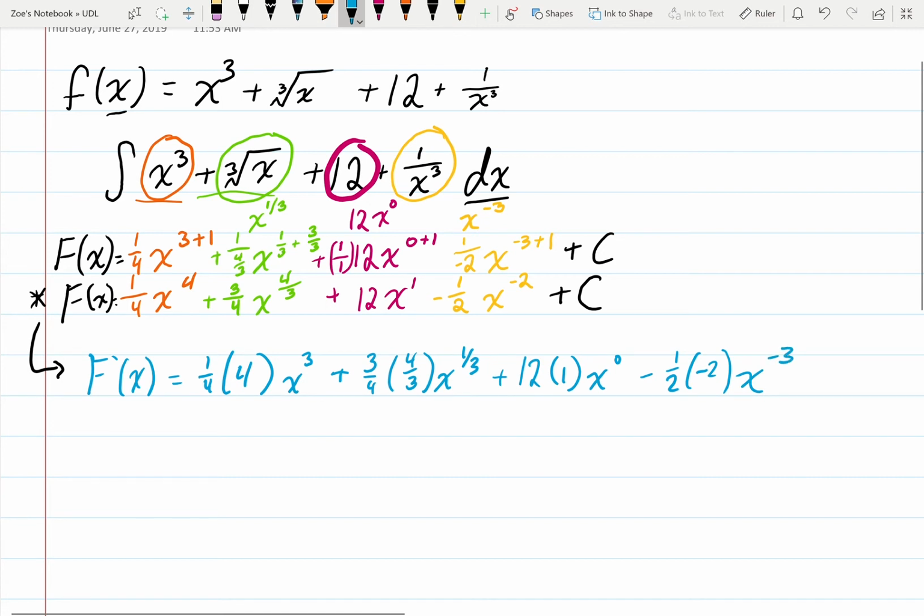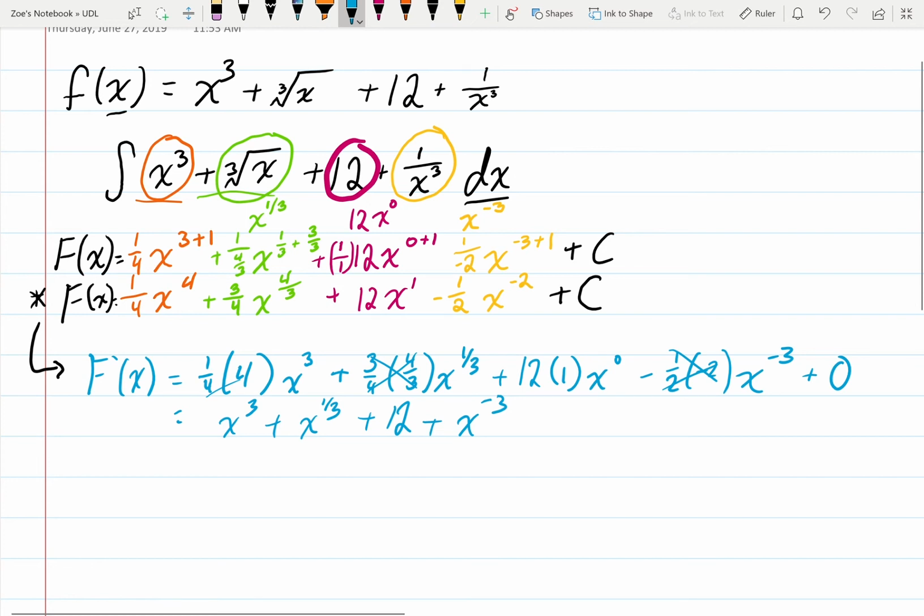And then that plus c would be a plus 0. So simplifying this, we get x cubed plus x to the 1/3 plus 12 plus, these cancel out, we get plus 1x to the negative 3.